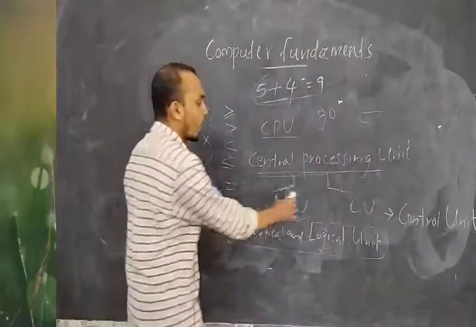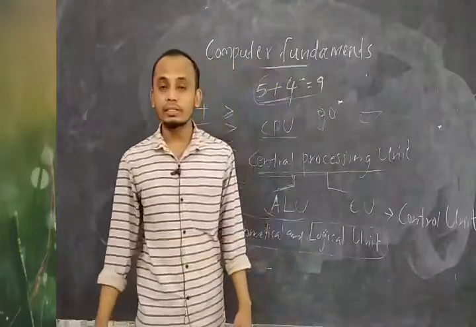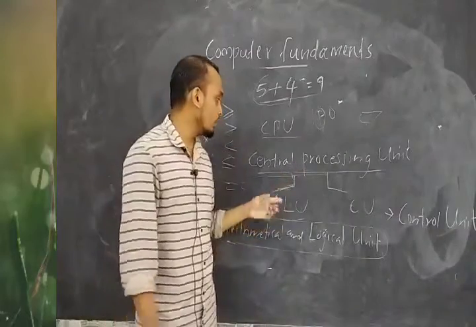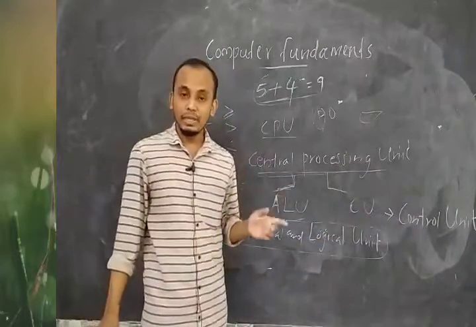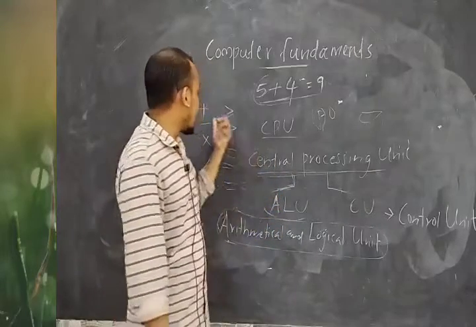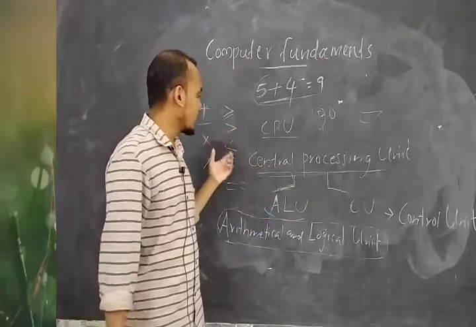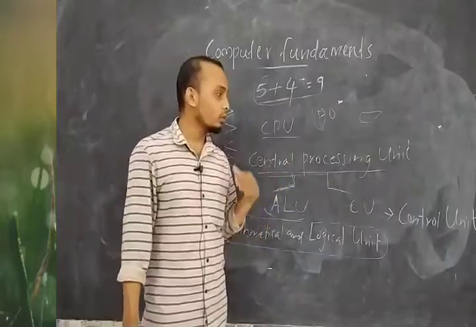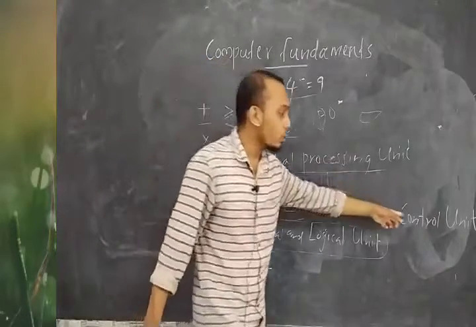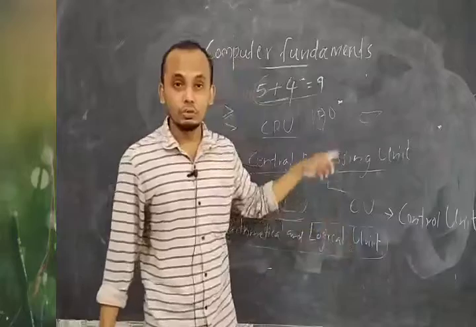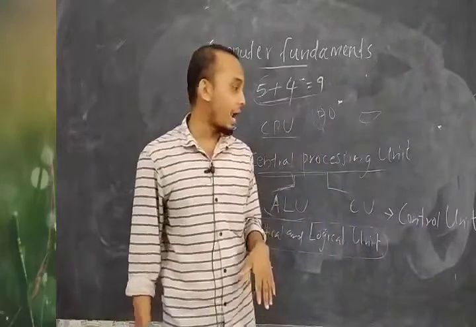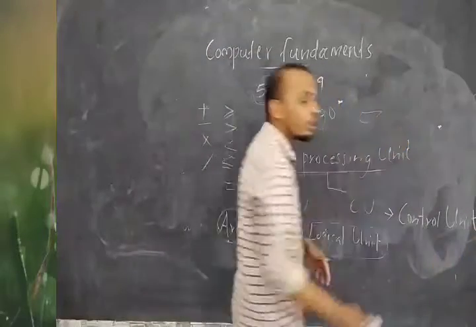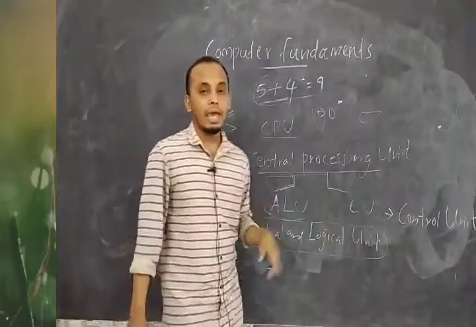The role of the arithmetical and logical unit is arithmetical and logical operations like addition, subtraction, multiplication, less than, greater than, less than or equal to, greater than or equal to, etc. But the role of the control unit is controlling and guiding all these instructions. Under the leadership of the control unit, all these things will happen.